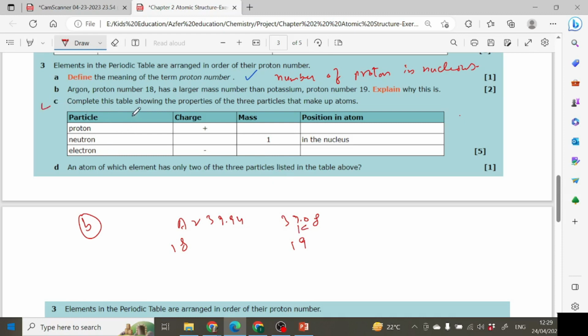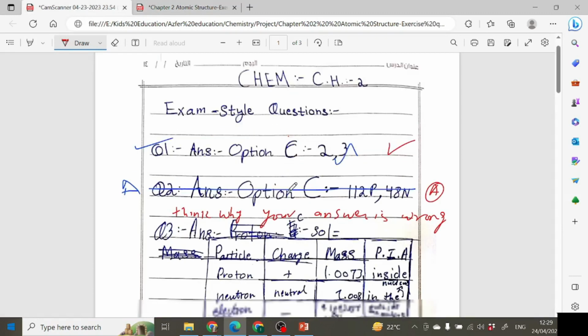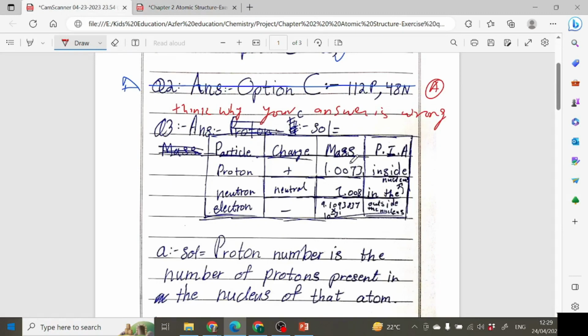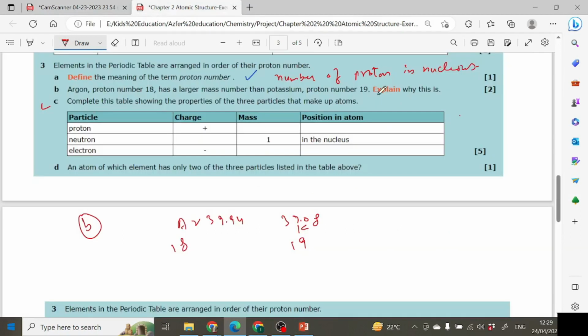Option C. Now we complete this table showing the properties of the three particles that make up an atom. Proton charge is positive, mass is, we can just see the mass this student has written, 1.0073, and 1.0073.